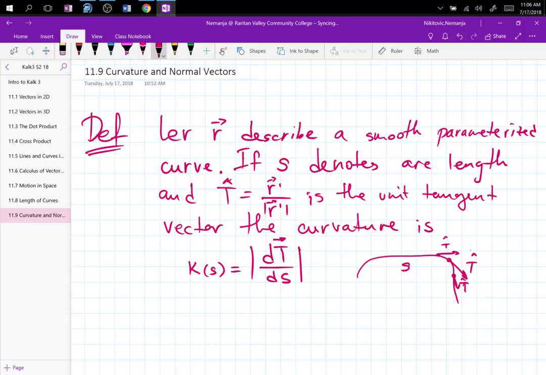So how fast it turns is the first derivative, right? How fast something turns, that would be the first derivative.